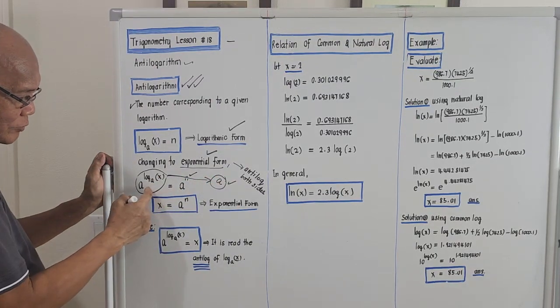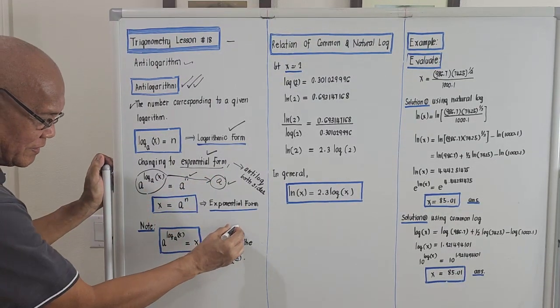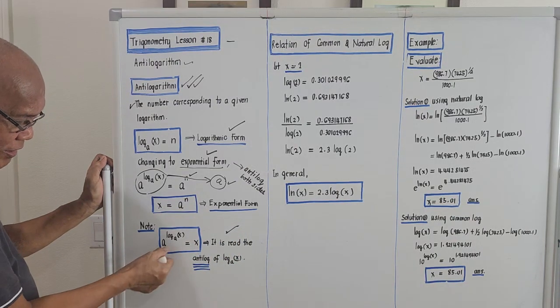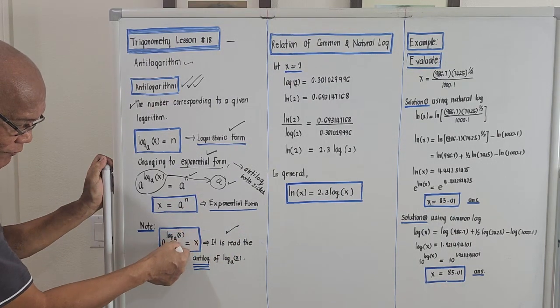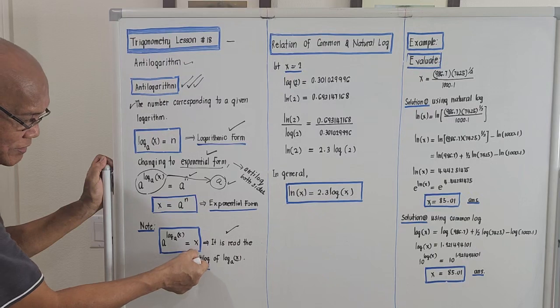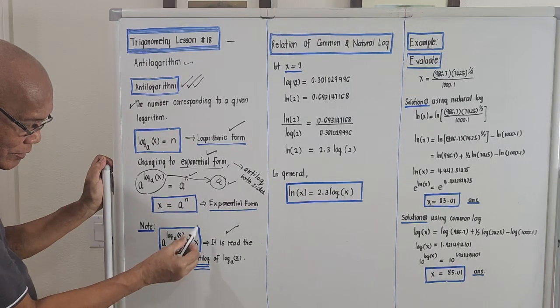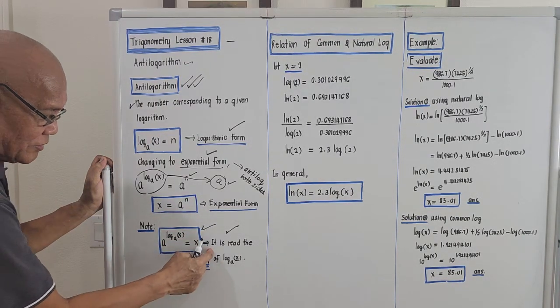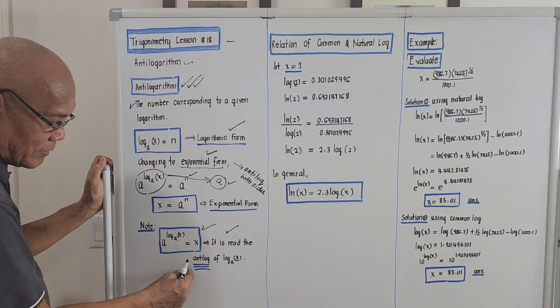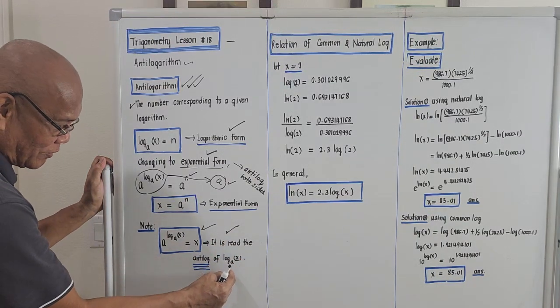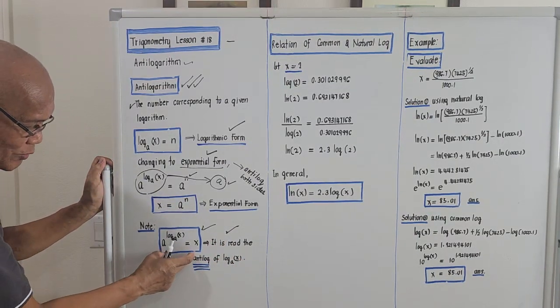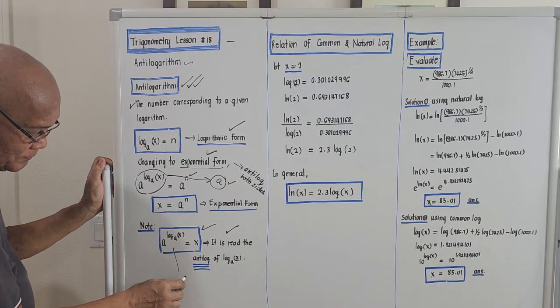And the proper way to read this one is: the antilogarithm of the logarithm of x with the base of a is equal to x. That's how we read this one. This is antilog.